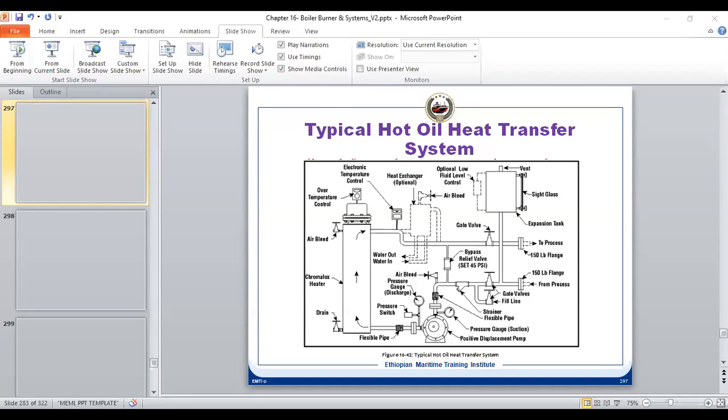Yes, Hail Selassie. I think the cooler is optional. For example, if the boiler at sea uses main engine exhaust gas, the exhaust passes through the boiler and there is no bypass. It always has to pass through the boiler. With steam, sometimes we have a dumping valve, so the extra steam goes to the cooler.